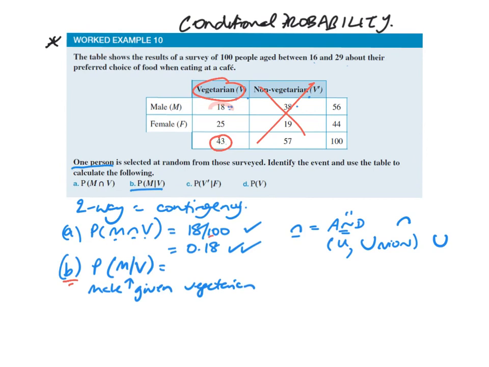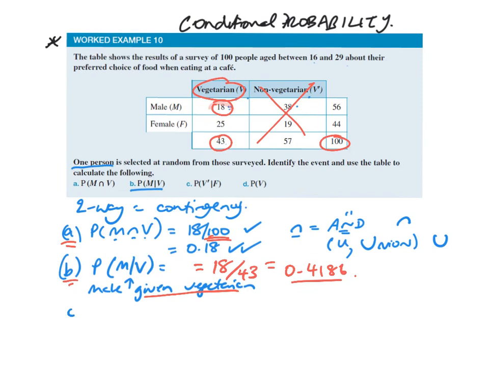Contrast that to A, where we did it out of all the people surveyed. But in B, it's given that they're vegetarian, so it's just out of the vegetarians. That calculation is 18 males, but out of the reduced subset of the 43 vegetarians. That's what given means. I'm going to divide that out on my phone: 18 divided by 43 is 0.4186.